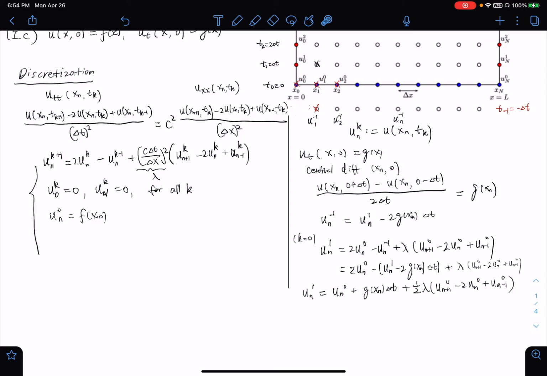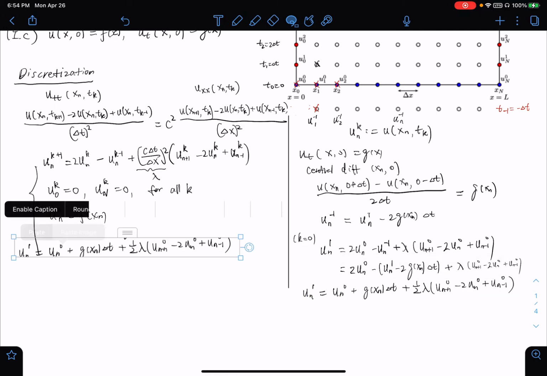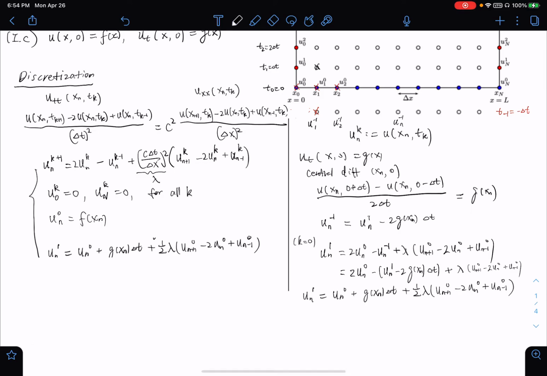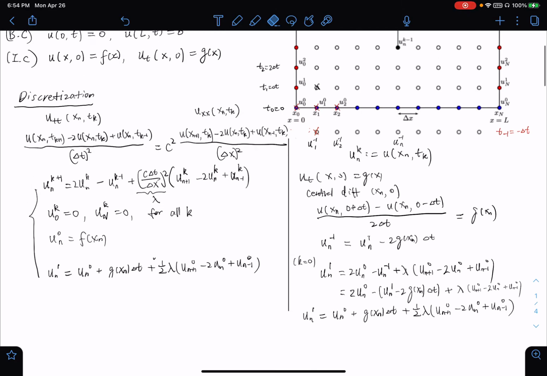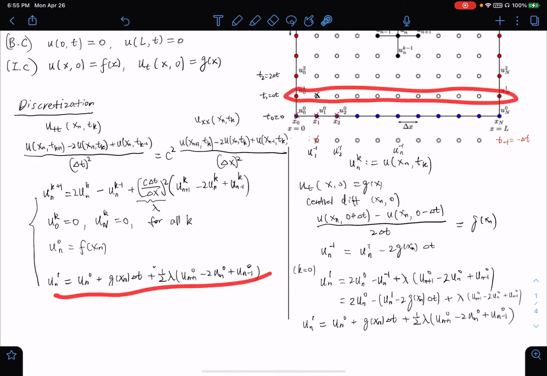Okay, so let us now summarize everything in the left hand side. So this is 0. So in particular, now we have determined the second row by this recursion formula.